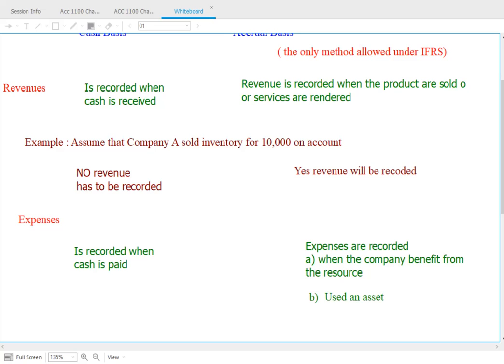When the company benefits from the resource, that's an expense, or when the company uses an asset or benefits from an asset. In both cases, it doesn't matter whether we pay cash now or later on. Let me give you an example on the expenses.